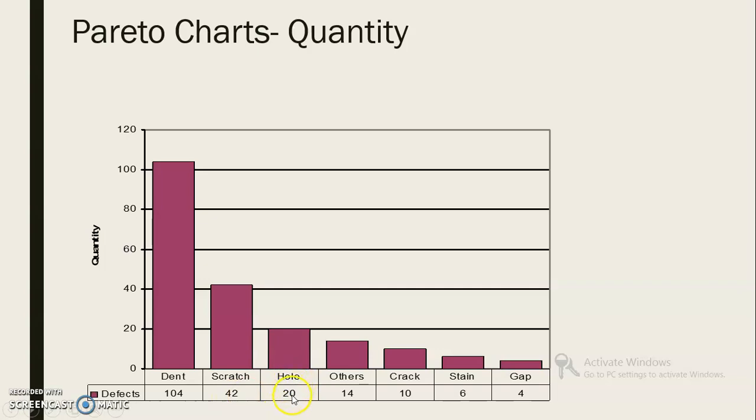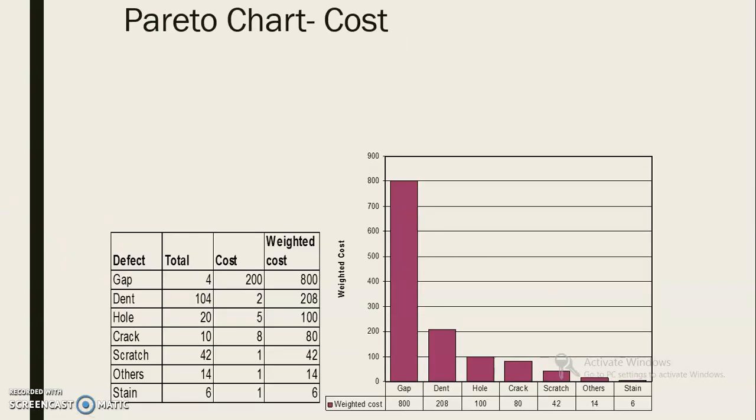Hole is 20. This is the diminishing size of the bars. If we concentrate on this dent, which contributes the majority of the defects, and we are able to eliminate this defect, then the overall defects of the component can decrease. So this is the philosophy of the Pareto chart.